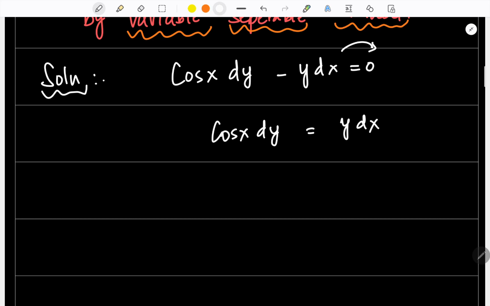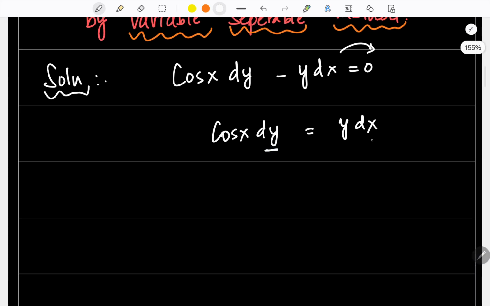What did I say? While you are separating x with dx, y with dy, the dx and dy should be in the numerator. So don't disturb this. So this y should come with dy: dy divided by y, and dx divided by cosine x, the cosine x should come down.